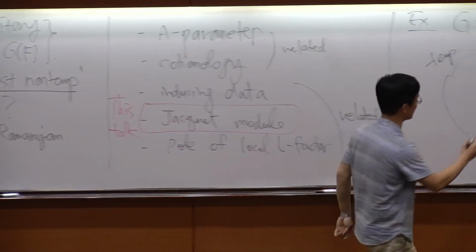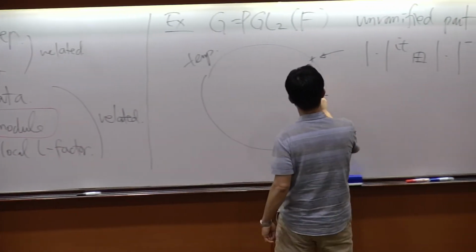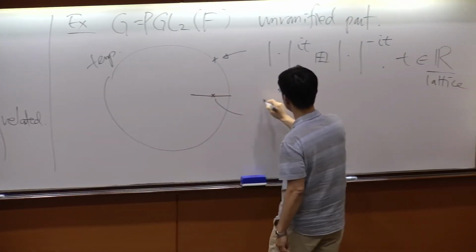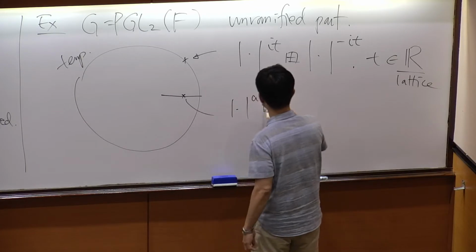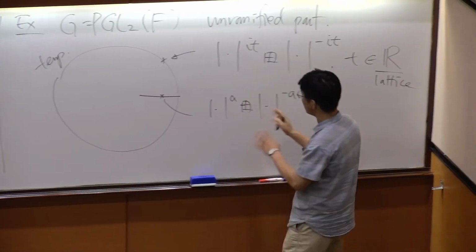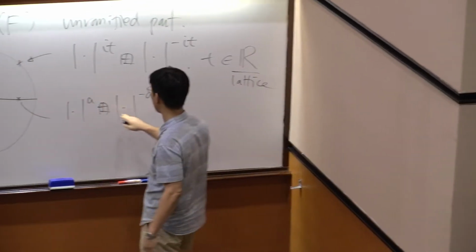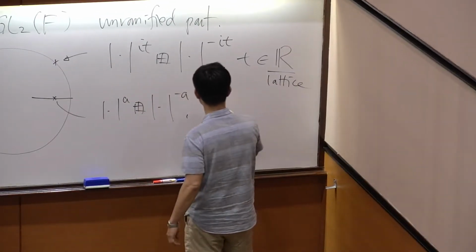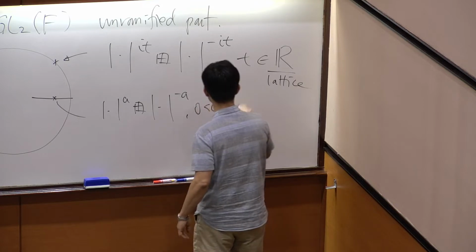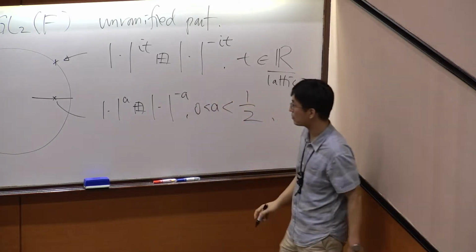There's also another family of representations, complementary series representations induced from the representation on GL1 times GL1 given by absolute value to the a and to the negative a, where a is a real number between 0 and 1/2.